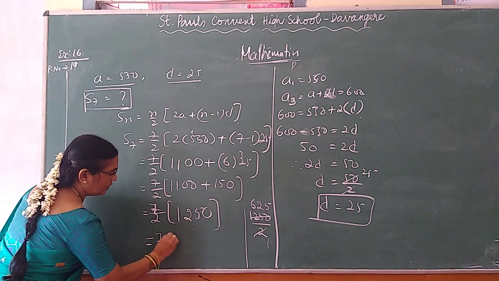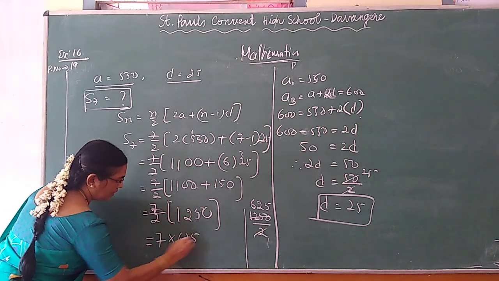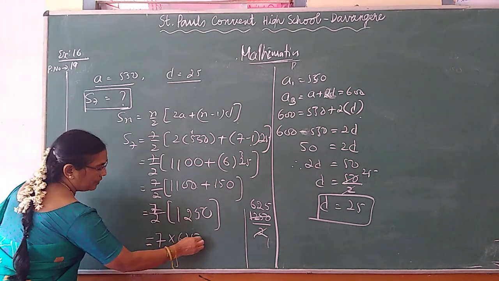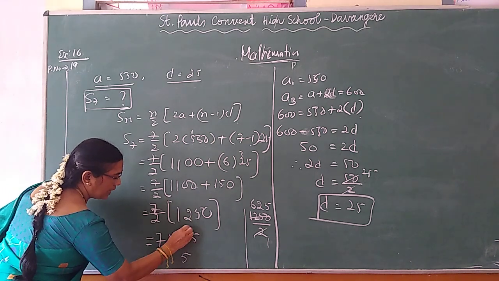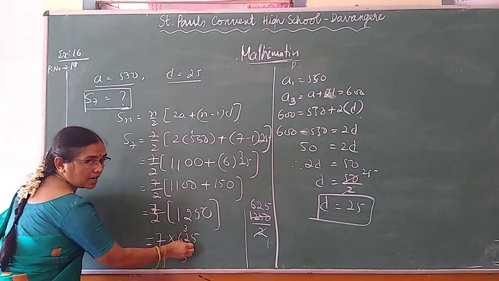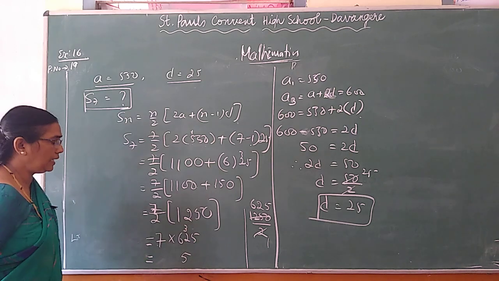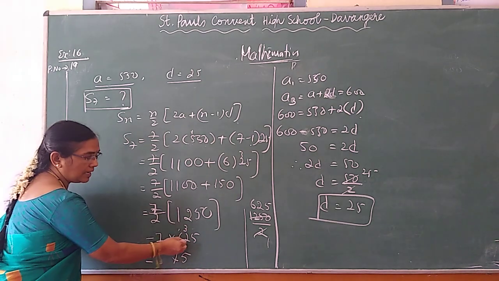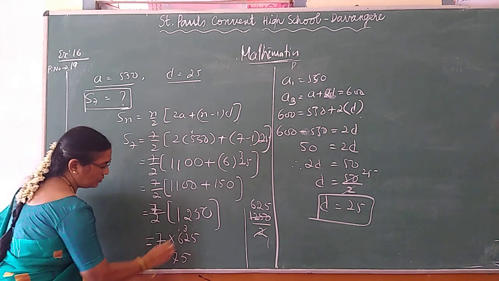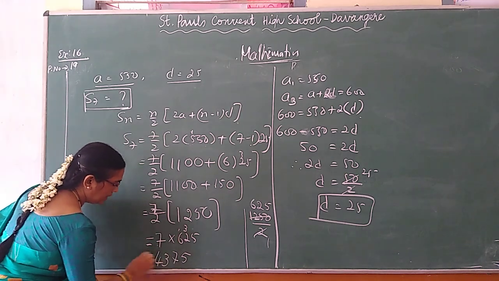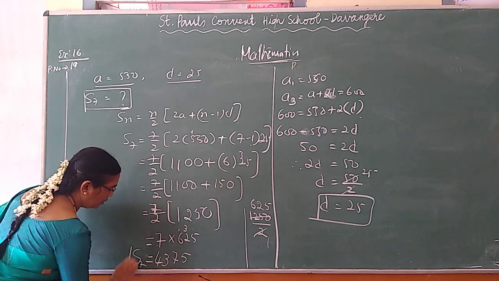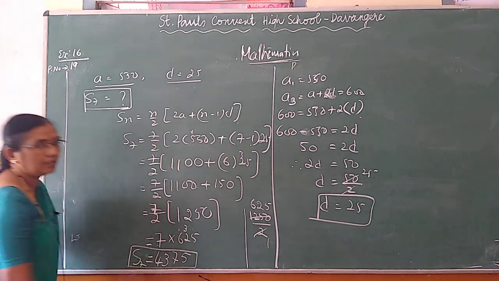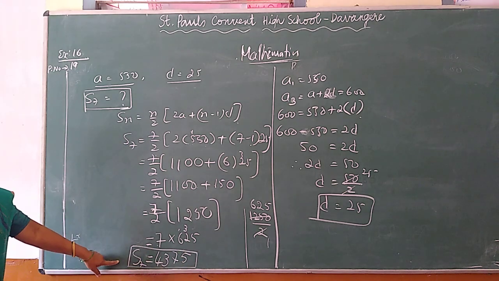So we can multiply 7 with 625. 7 5s are 35, carry 3, 7 2s are 14 plus 3, 17, carry 1, 7 6s are 42 plus 1, 43. So 4375. See, this is the total production of the first 7 years.